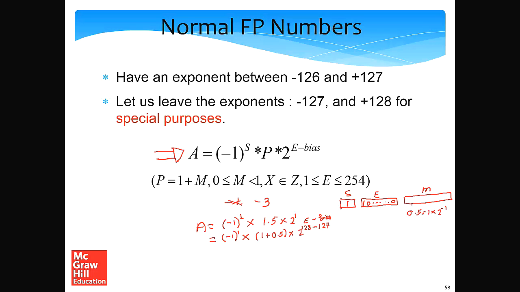The mantissa contains 23 bits, right? So it's a 23-bit mantissa. The first bit corresponds to 2 to the power minus 1. The last bit corresponds to 2 to the power minus 23.